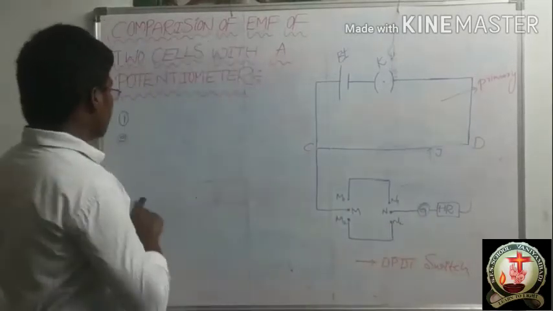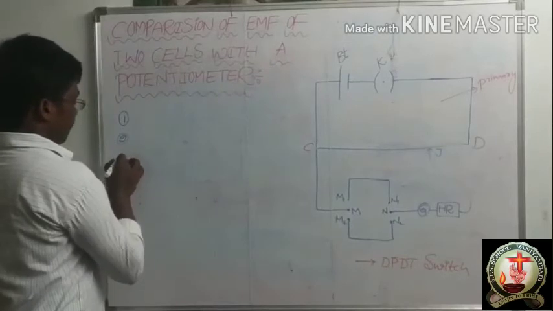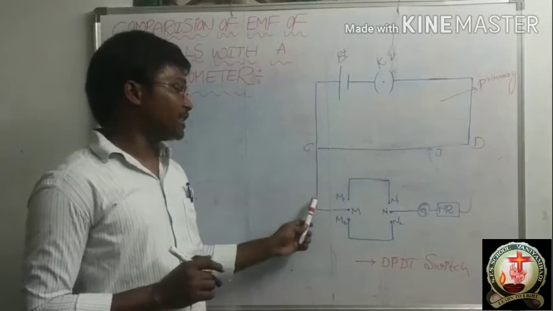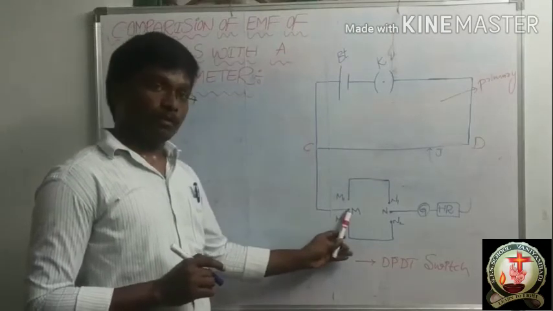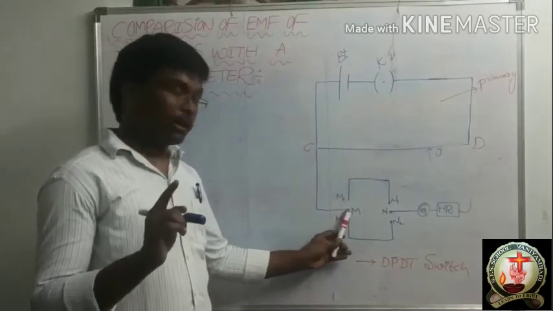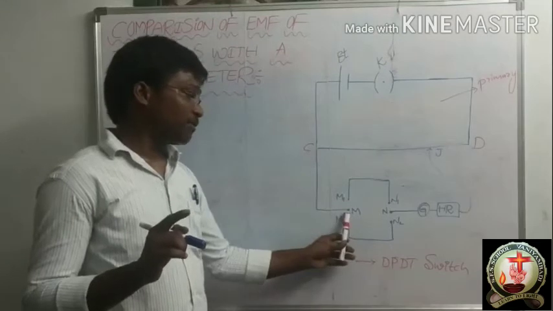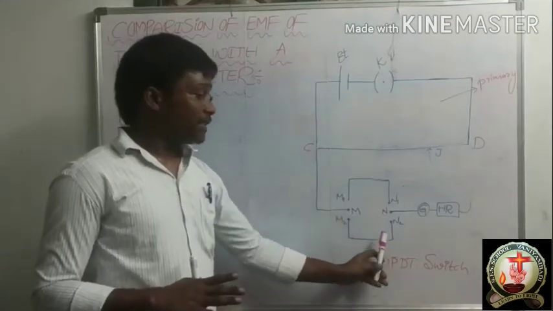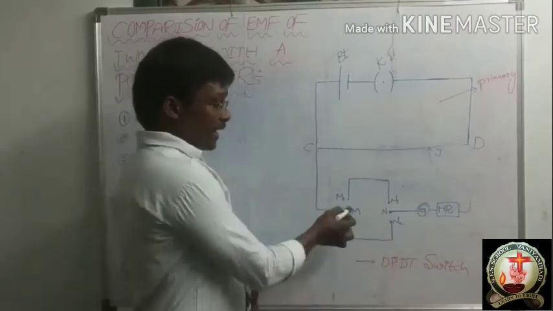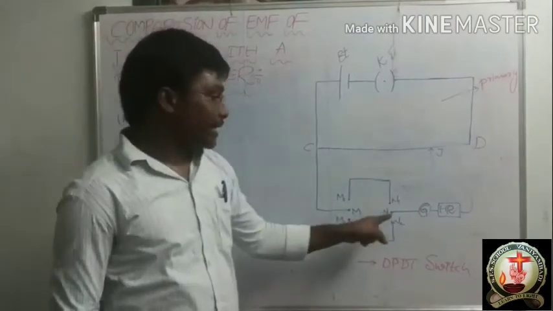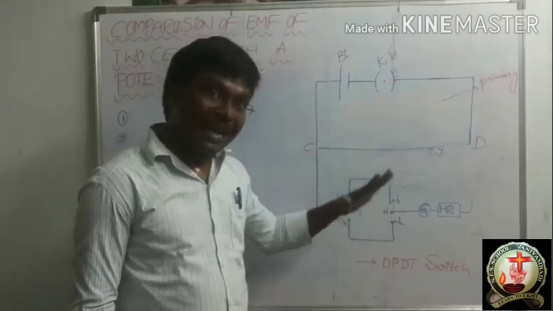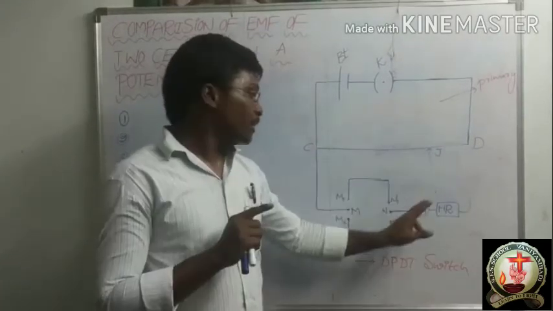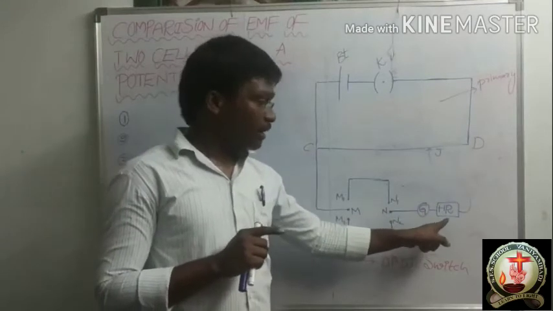Third point: one end of the potentiometer wire is connected to one end of the DP-DT switch. What is that end? M. Another end of the DP-DT switch, N. This is the one end, this is the other end. The other end N of the DP-DT switch is connected with jockey J through galvanometer and high resistance box.